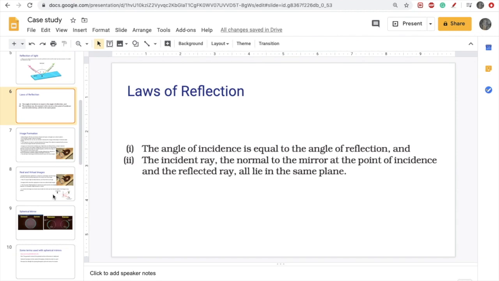Based on this we can predict where the image is formed, and if the image is formed there, we can put a screen and we can look at it, right? That is how a camera actually works. So when we know where the image is going to be formed, if we place a screen there, that image is going to be captured there.